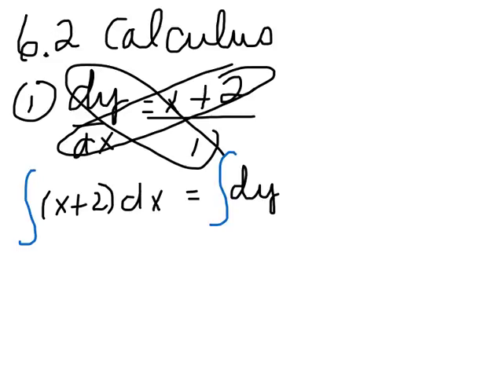And when I do, I'm going to get, let's see, the integral of x dx would be x squared over 2, and then I'd have 2x. And I'm going to have a c, so I'll just stick it on this side. And the integral of dy is just y.